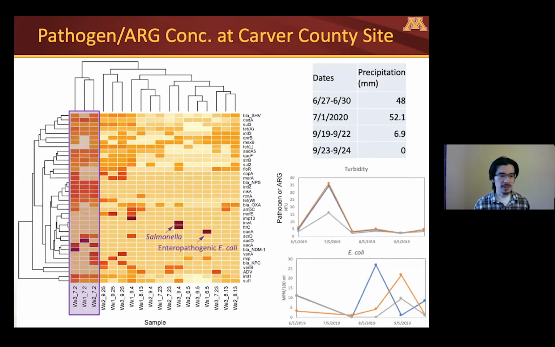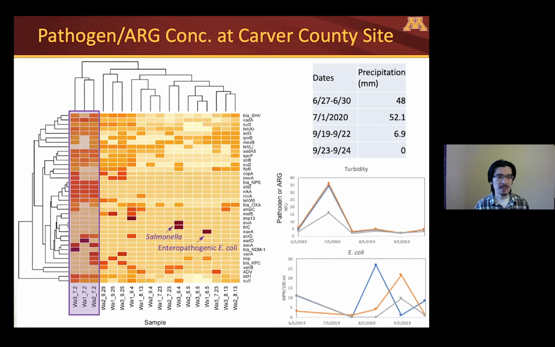You may also see the clustering of samples by gene detection patterns. These samples were all collected on July 2nd. They are clustered together. That means their gene profiles are similar to each other.